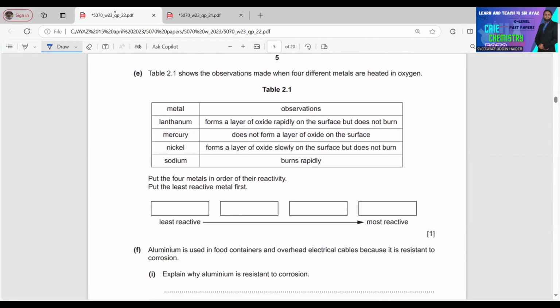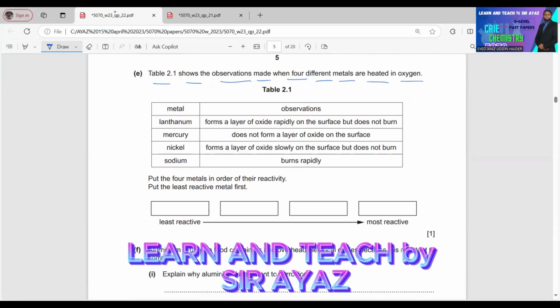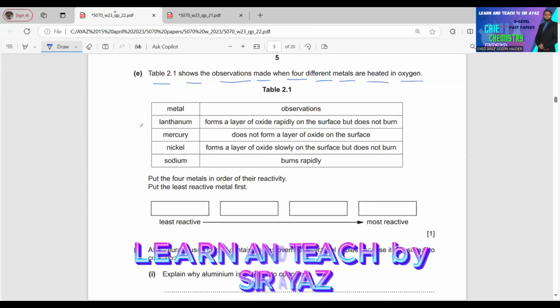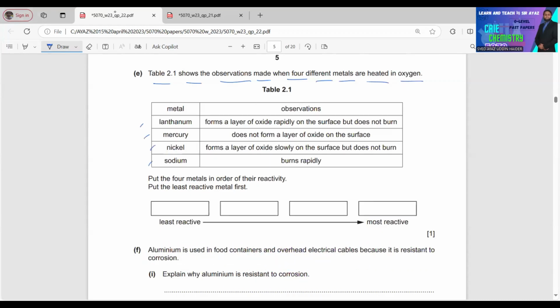Part E. Table 2.1 shows the observations made when 4 different metals are heated in oxygen. You have metals lanthanum, mercury, nickel, sodium. Observation for lanthanum is it's forming a layer of oxide rapidly on the surface but does not burn. Mercury does not form a layer of oxide on the surface, which means it's not reacting.